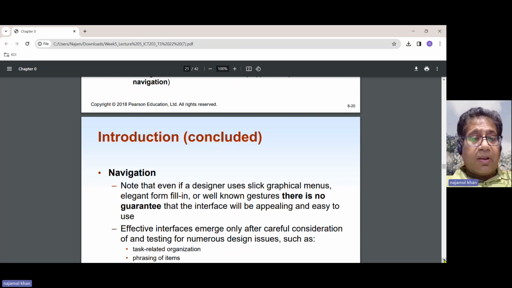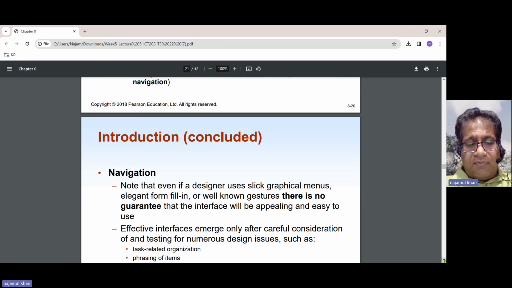Then your role comes in. Your role is to ensure that the interface is as effective as it possibly can be. That is a very, very important factor, guys. Think about it. You will be asked to develop a website in week number 10. That's where we will be expecting you to do that.